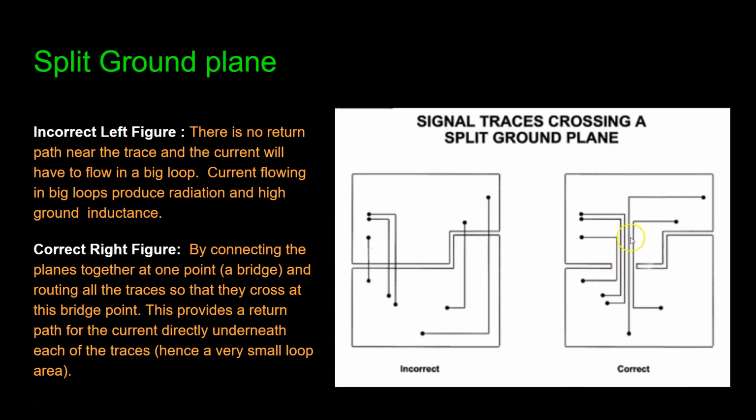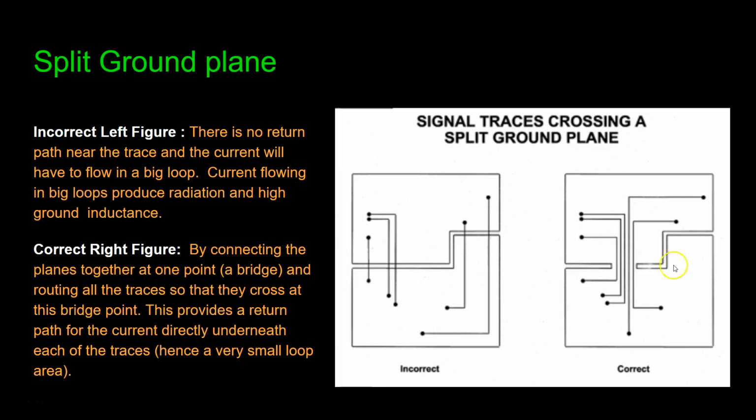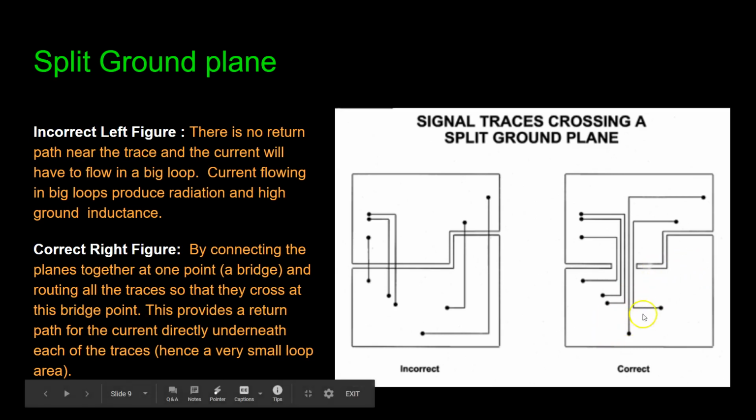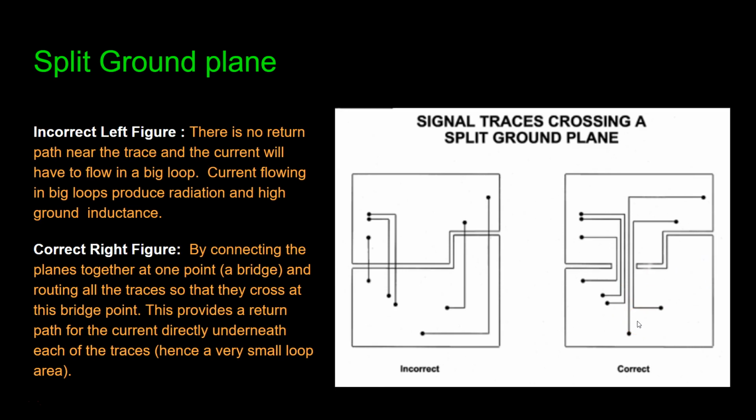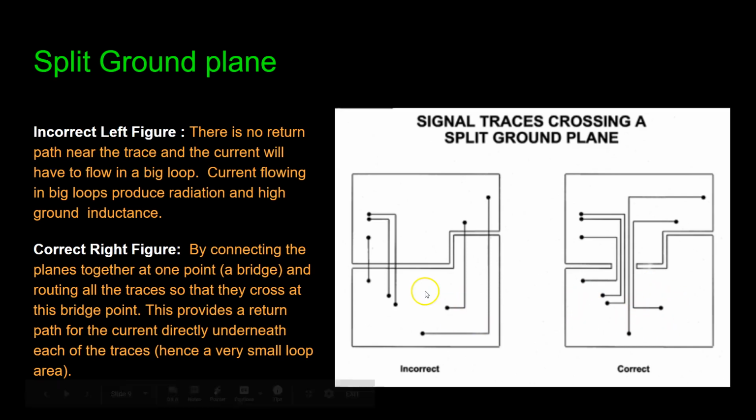So here you see is a bridge point, and all the traces are crossing here, and you will have provided a return path for the current directly underneath each of the traces. Hence in this type of circuit arrangement, there might be a small loop area, and this is still a better design compared to that one.